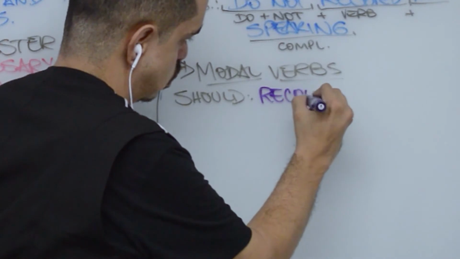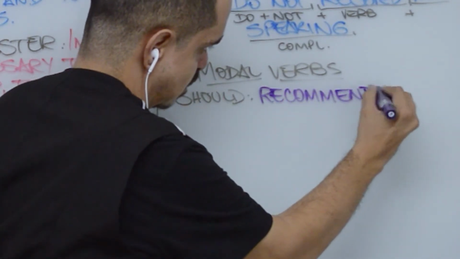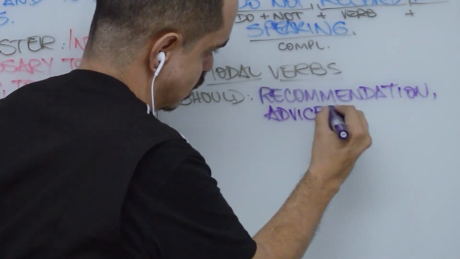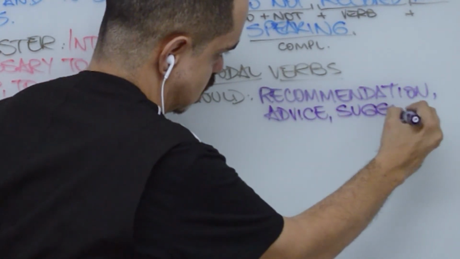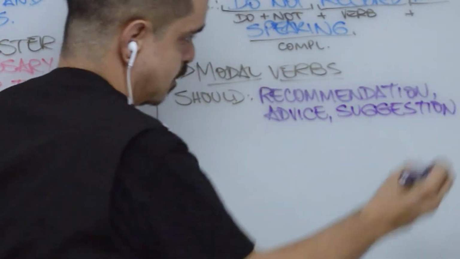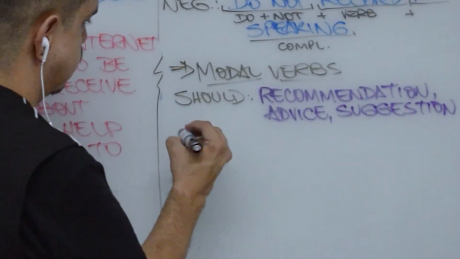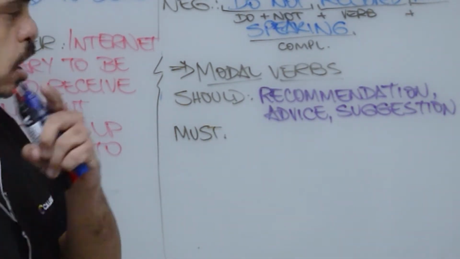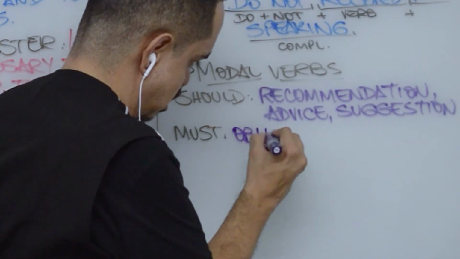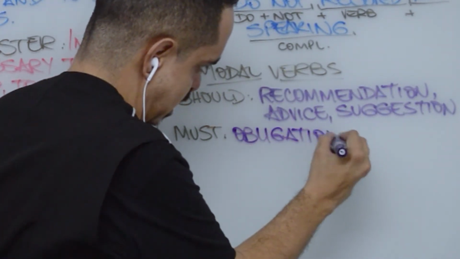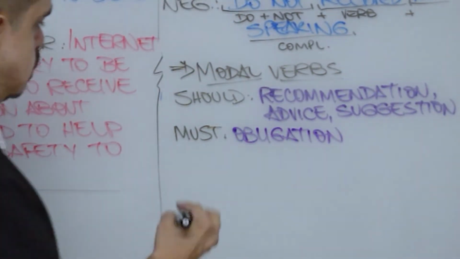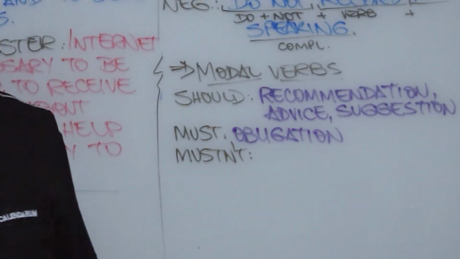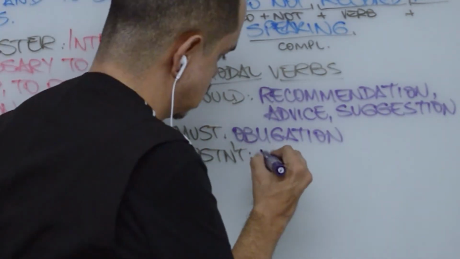So, recommendation, advice, and suggestions. And must. Must transmits the idea of obligation. And if it's the negative form of must, that is mustn't, it would be a prohibition.